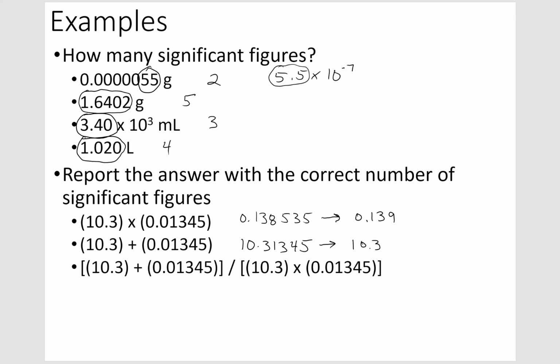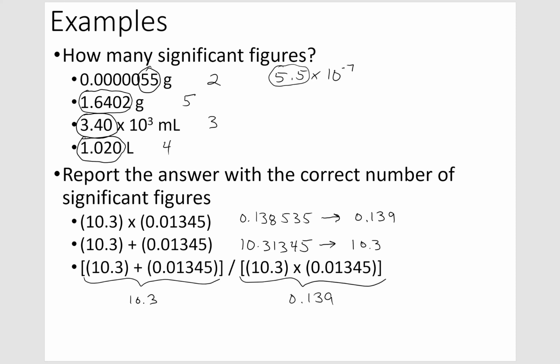Okay, so we've done this. Now we do PEMDAS, all that good stuff. I have what's in here, and then I do what's in these parentheses. We've already done this one. We do the parentheses first, and again 10.3, and then we do this guy, and we have 0.139.